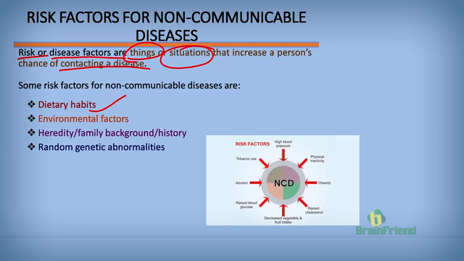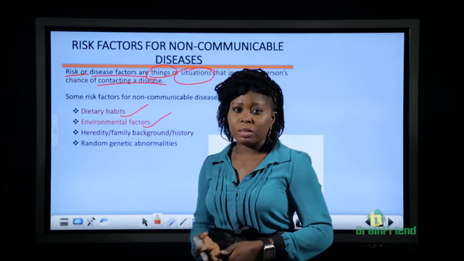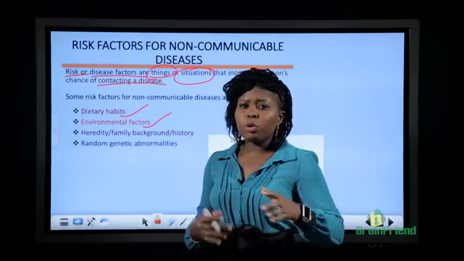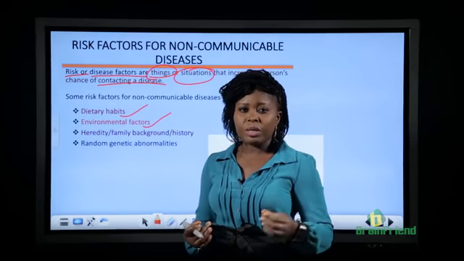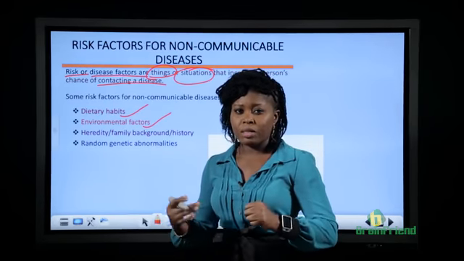Other factors are environmental factors. Under environmental factors, we have things like pollution, okay? People who live in polluted environments are more prone to contracting non-communicable diseases. For example, people who live in areas that have plenty of smoke, such as maybe smoke coming from exhaust pipes.